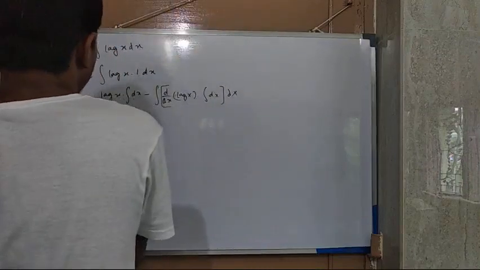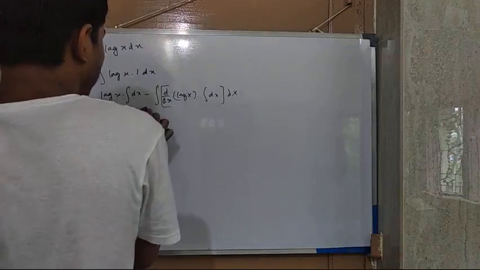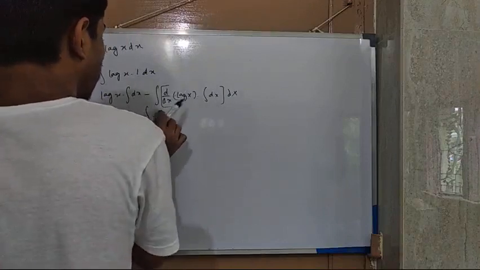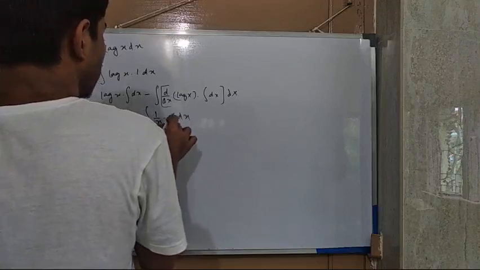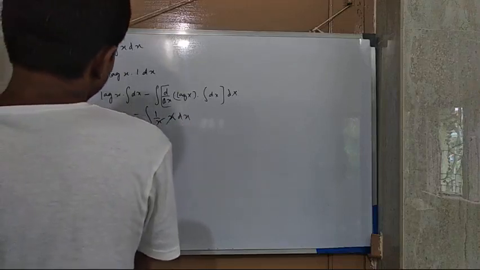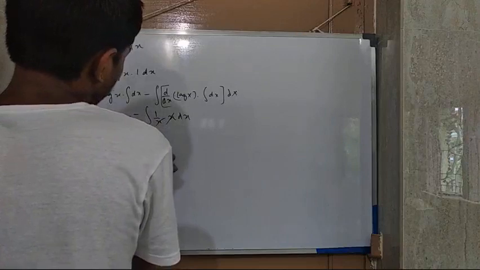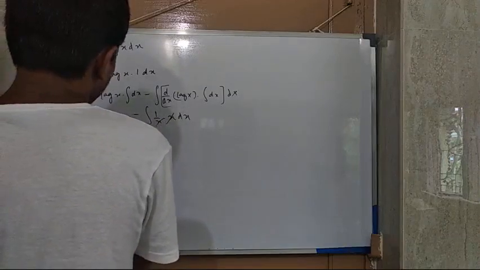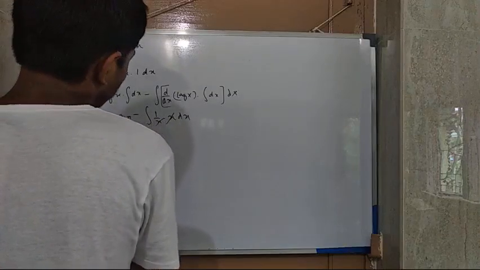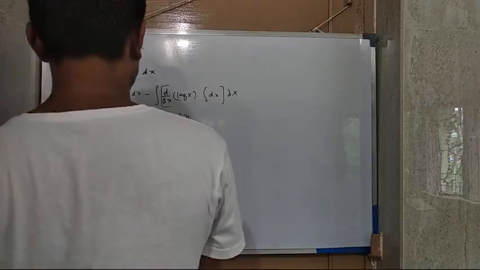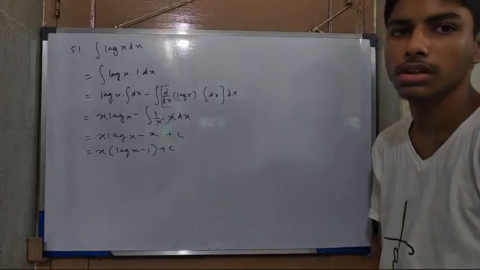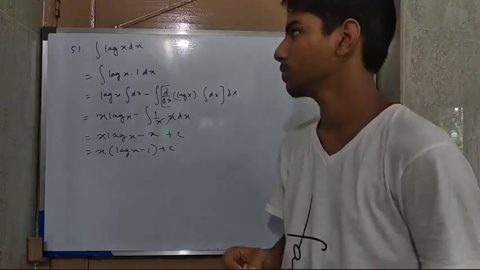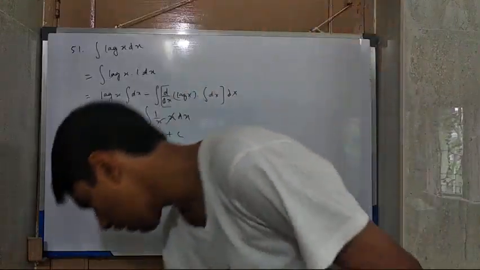So this is x log x minus the integral of 1 by x times x dx, which is x log x minus x, which is x times log x minus 1, plus c. So this is the answer for the integral of log x dx.